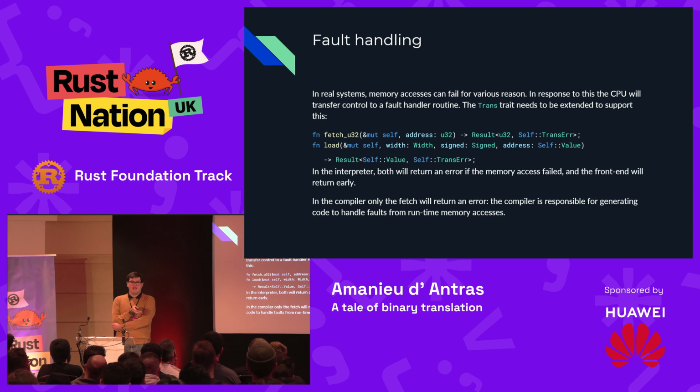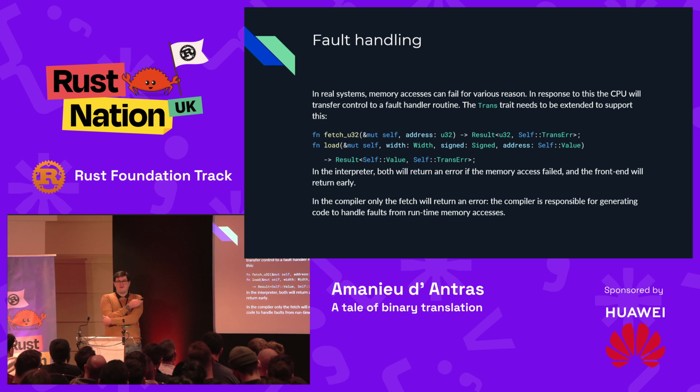It's an early return, and we just stop executing the rest of the instruction. That doesn't really work for the compiler. It works for the instruction fetch part, so instruction fetch will return an error. However, the fault only happens at runtime, so the compiler is responsible for generating the necessary code to handle failing memory accesses and aborting execution of the current block of code.